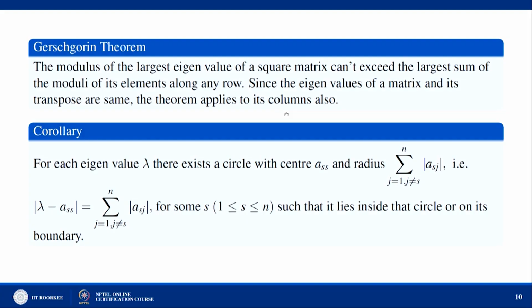So what does this theorem mean basically? Suppose you have a matrix like this, say 1 2 3, 4 0 minus 1, minus 2 1 6. This theorem states that the modulus of the largest eigenvalue lambda will be less than or equal to the maximum of the row sums: 1 plus 2 plus 3, 4 plus 0 plus 1, and 2 plus 1 plus 6.